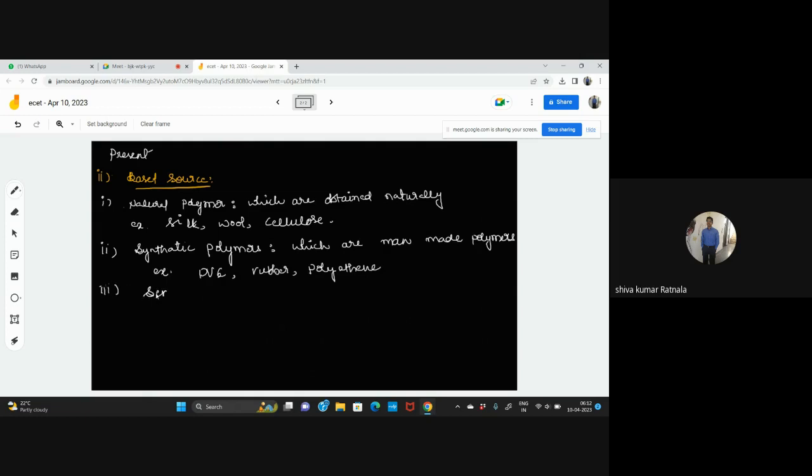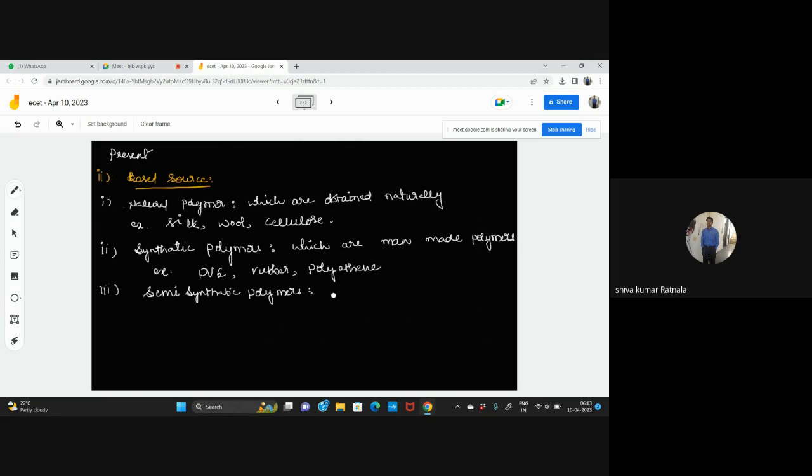Next one, semi-synthetic polymers. So semi-synthetic polymers, what we can say. These are not natural and these are not synthetic polymers also.